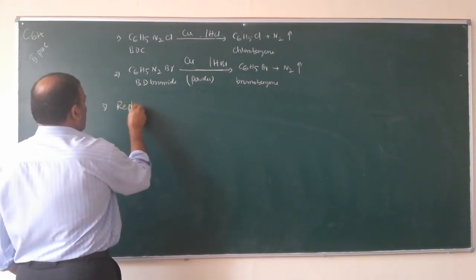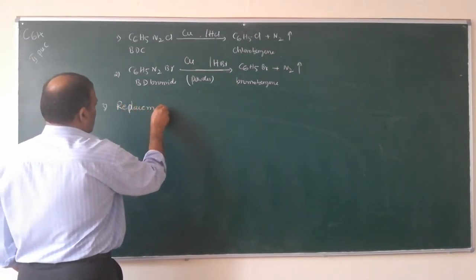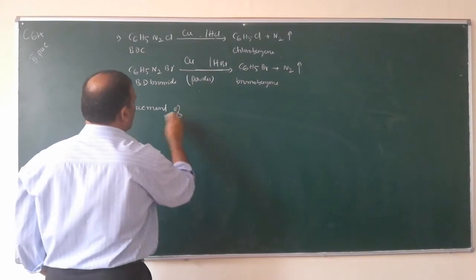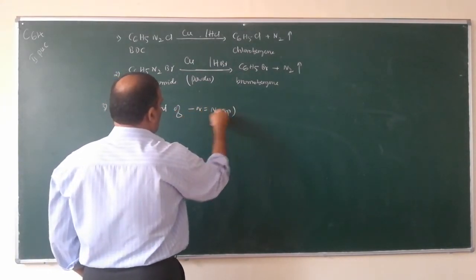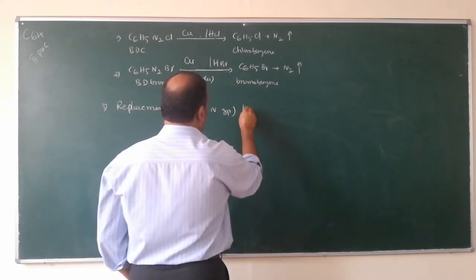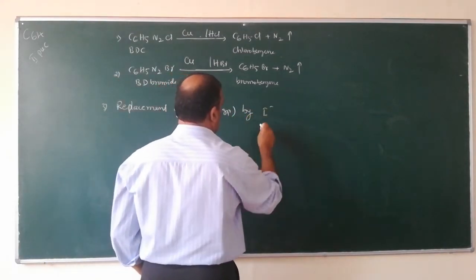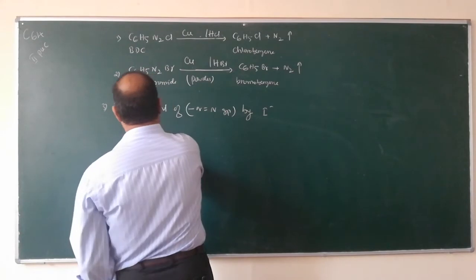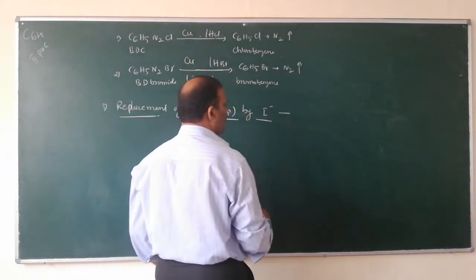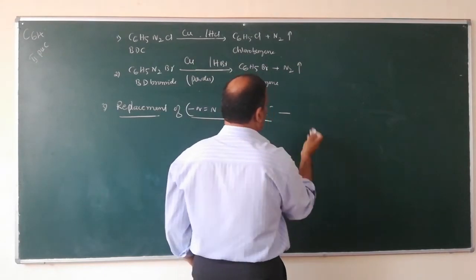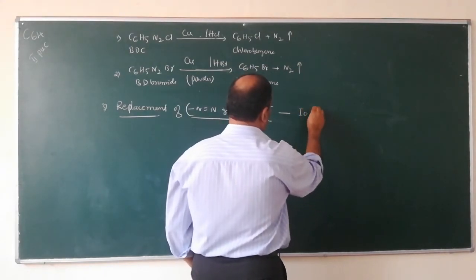Replacement of diazo group by I minus. What compound will we get? We get iodobenzene.